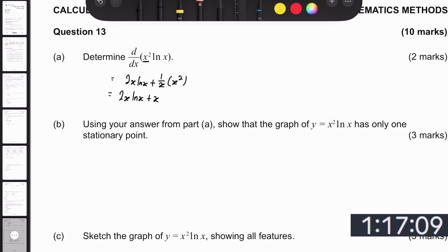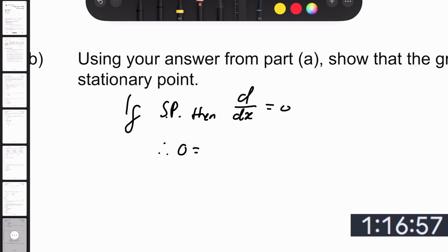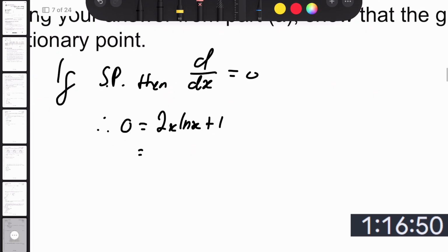Using your answer from part A, show that the graph of that has only one stationary point. So I'm going to write, if stationary point, then d/dx must be equal to 0. Therefore 0 must be equal to 2x ln of x plus x. Sorry, I'm skipping a step. x outside, so I can factor that out: x times 2 ln of x plus 1.